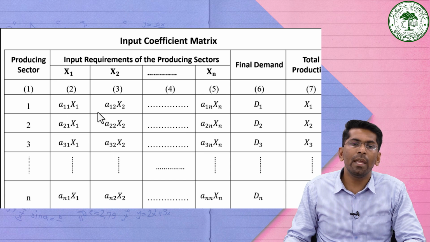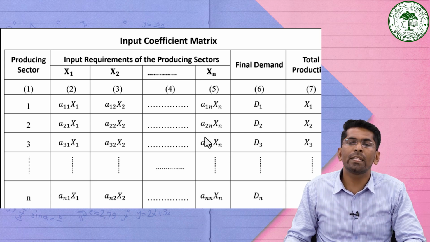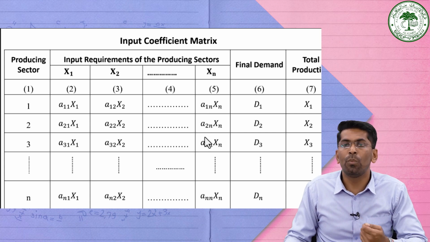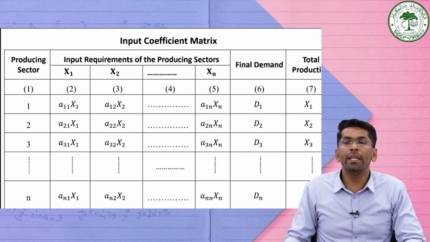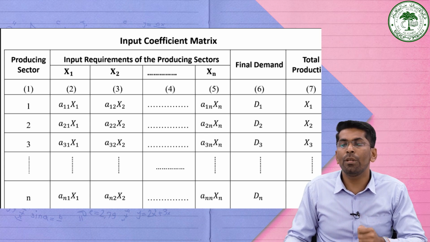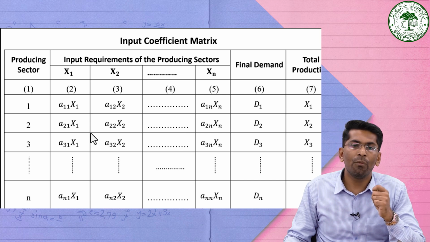So a11, a12, a21, a22 up to a1n and a2n respectively, all these explain the proportion: how much proportion of a particular output is used as an input for producing that concerned sector. So producing x1 unit of output, the producing sector uses a11 x1, a21 x1, a31 x1 and accordingly.